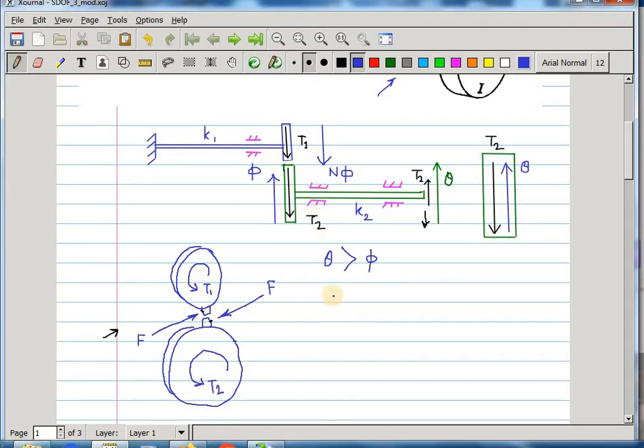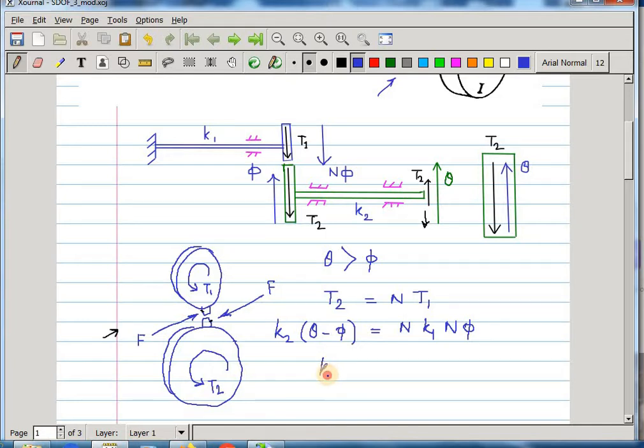Now we have to write the equation. We know that T2 is equal to N T1. T1 is K1 times N phi, and T2 is K2 times (theta minus phi). So this equation relates theta and phi.